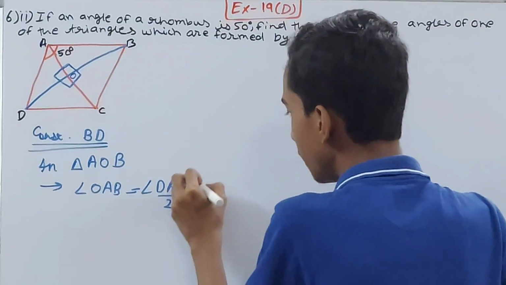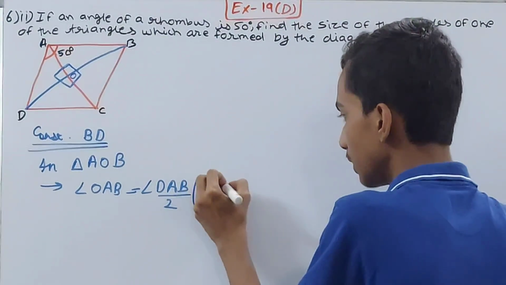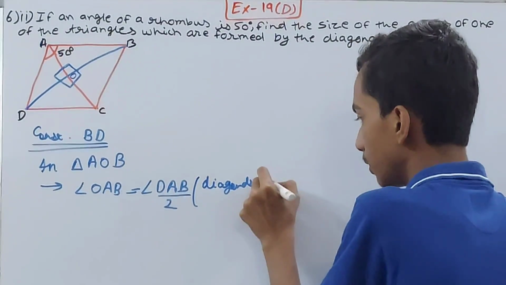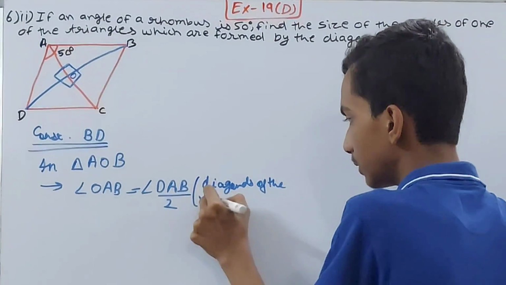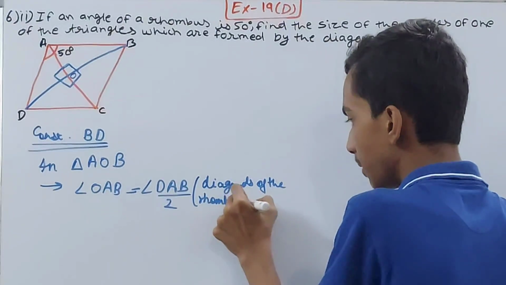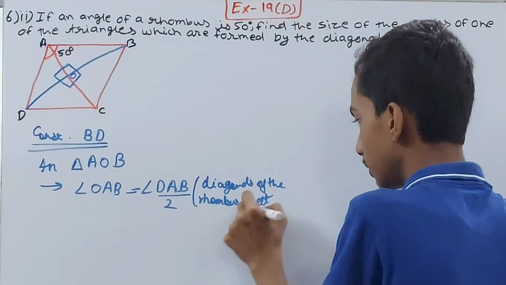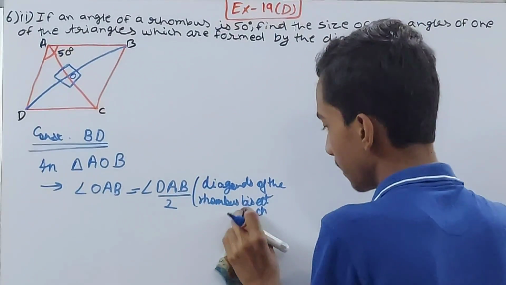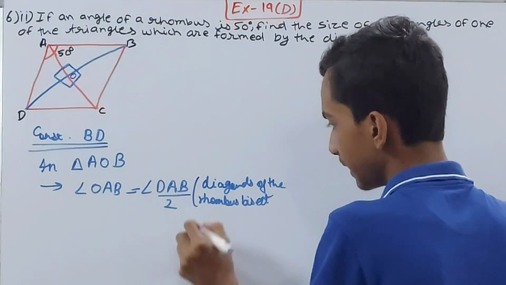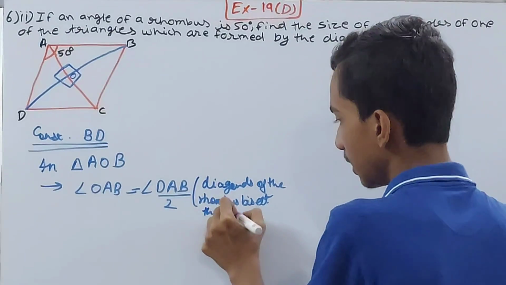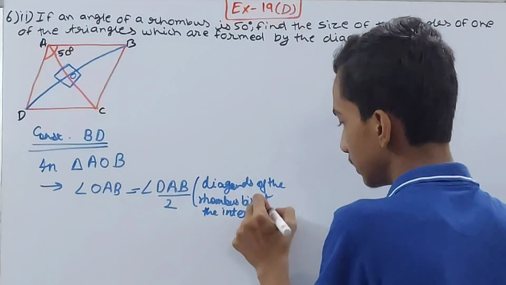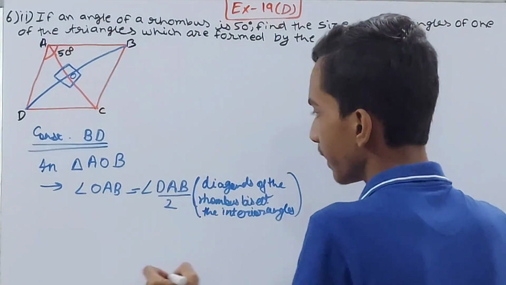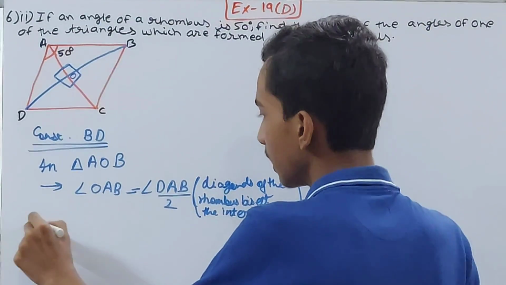Now first of all, why am I doing this? Because diagonals of the rhombus bisect the interior angles. Okay, diagonals of a rhombus bisect the interior angles. Fine. So this is the property we are using.